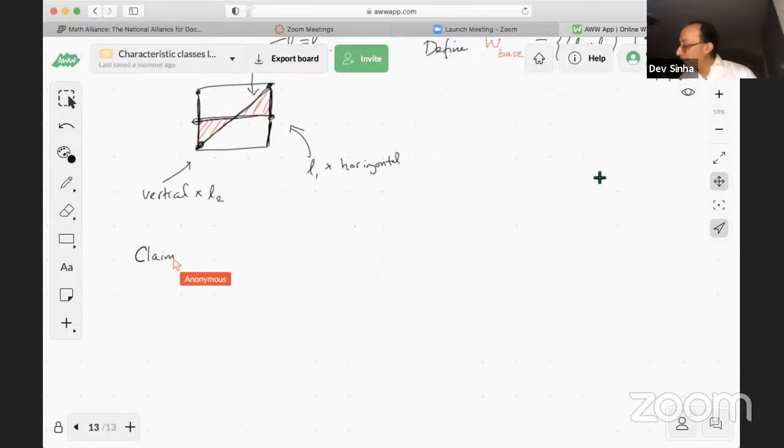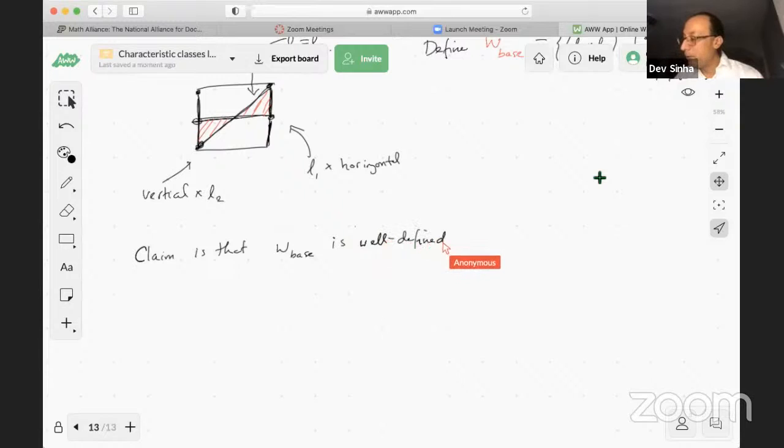The claim is that this W base is well defined in each fiber. I argued that verbally, but you can think about that more thoroughly if you'd like.